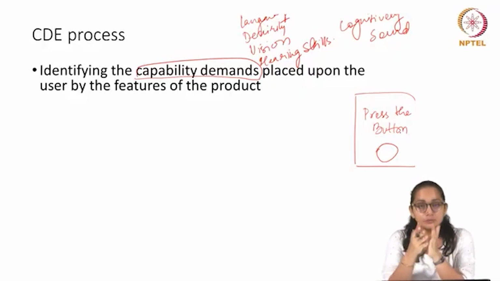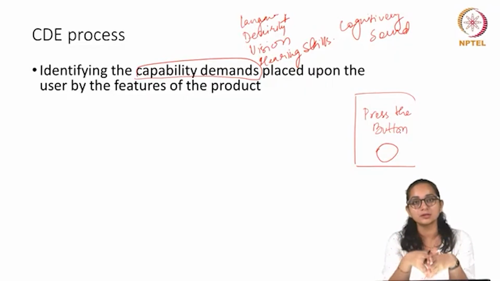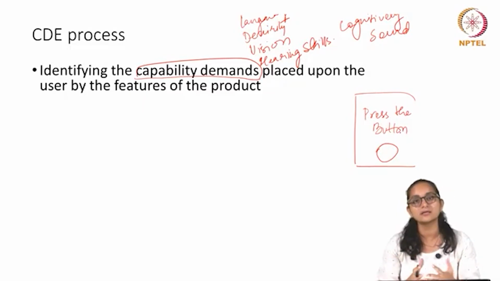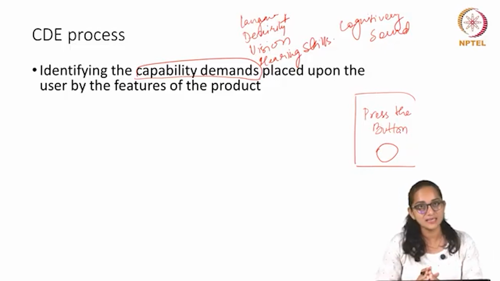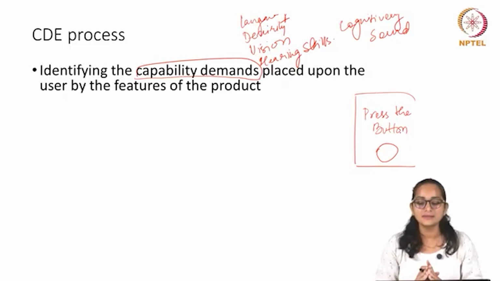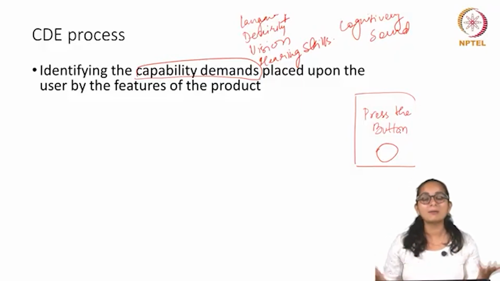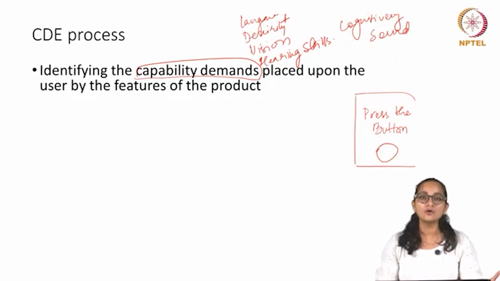And similarly, the moment we do it for our interface, we suddenly are face to face with all the capability demands that we are placing on our user. And then you can try to analyze and understand, okay, if so much is required just to press a button, what about my website which has so much information, so many buttons, so many tabs, there's a lot of things going on.